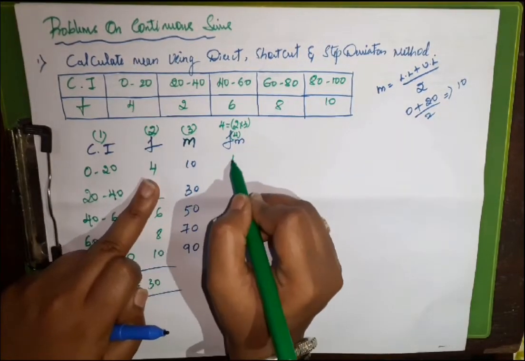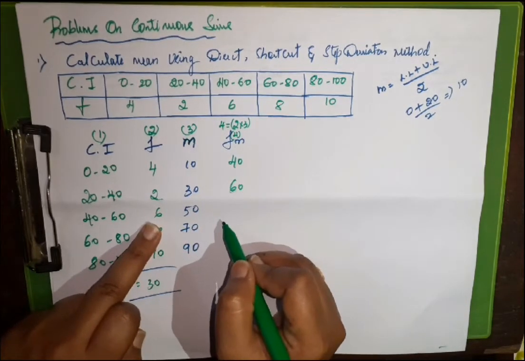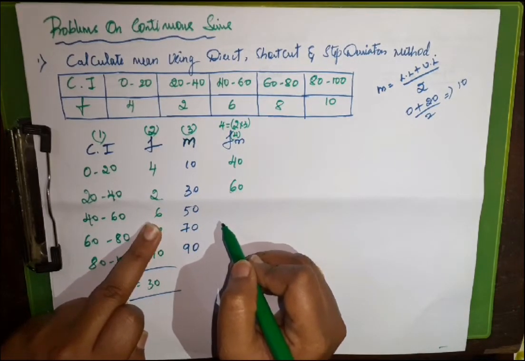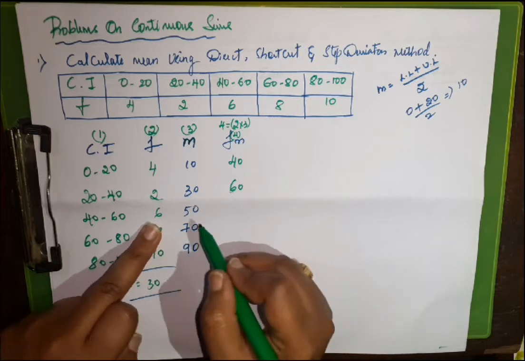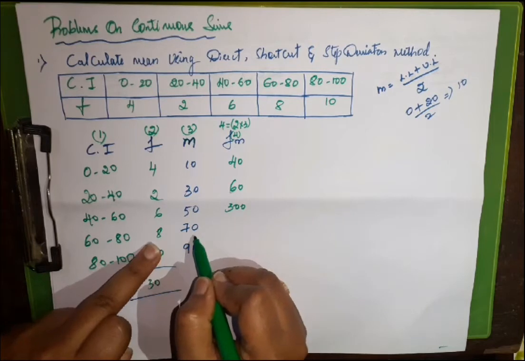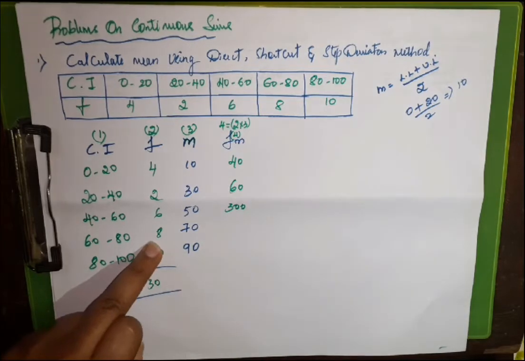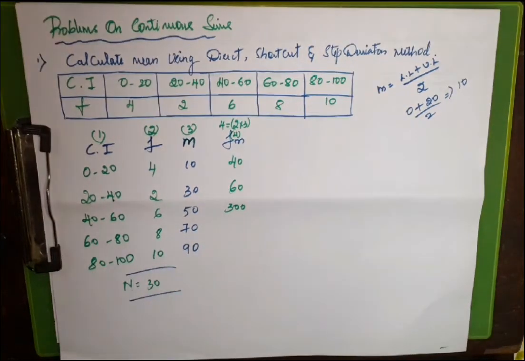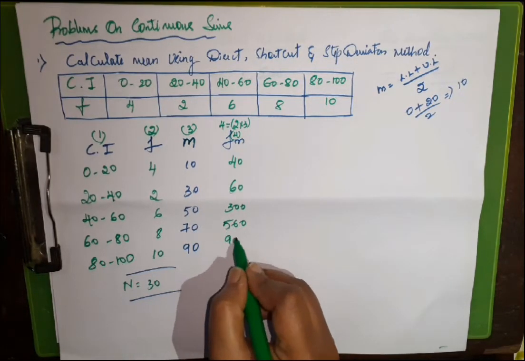Okay, so 4 into 10 is 40, 2 into 30 is 60, 6 into 50 is 300, 8 into 70 is 560, then 10 into 90 is 900.